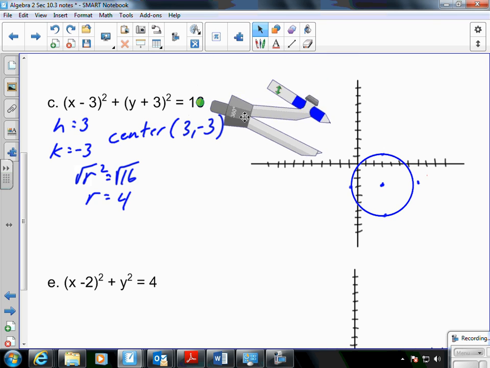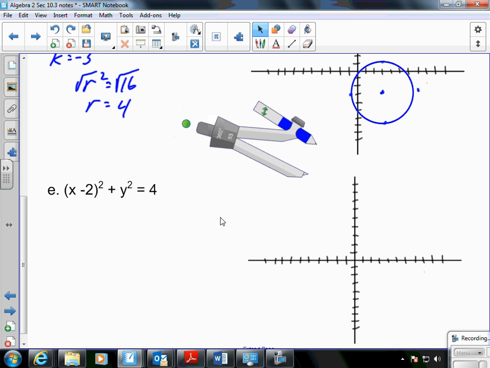And then lastly, we've got x minus 2 squared plus y squared equals 4. So our h value is going to be positive 2. Okay, there's nothing added or subtracted from the y, so that's going to be 0. So our center is going to be at the point 2, 0. And then from there, our r squared is equal to 4.